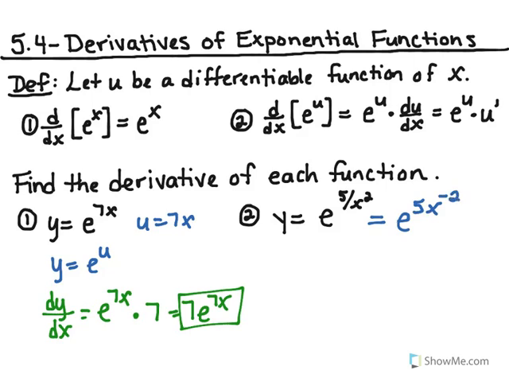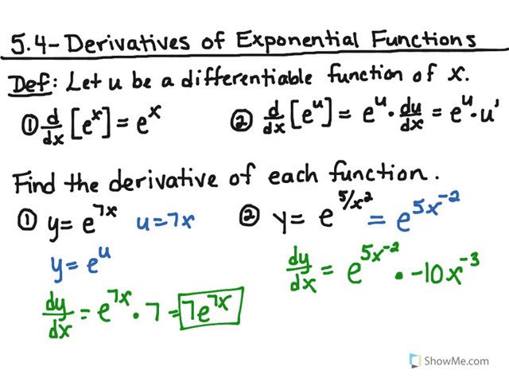And now the derivative of that, dy dx, or y prime if you prefer, is equal to exactly itself, e to the 5x to the negative 2, times the derivative of 5x to the negative 2. So power rule for derivatives says take the exponent, multiply it by 5 to get negative 10, keep the x, subtract 1 from the exponent to get negative 3.